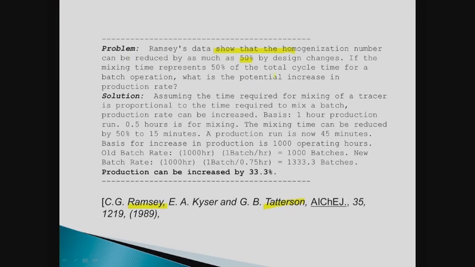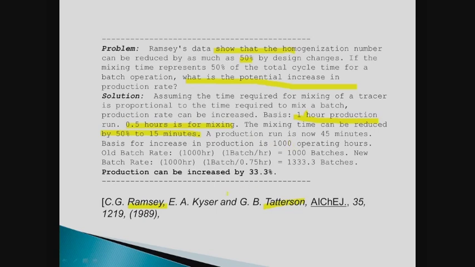A reduction of 50% in total cycle time for a batch operation, with the potential increase in production rate. So suppose we have a 1 hour production cycle, half an hour is for mixing. We can reduce it down to 15 minutes instead of 30 minutes. Now production time is 45 minutes instead of an hour.